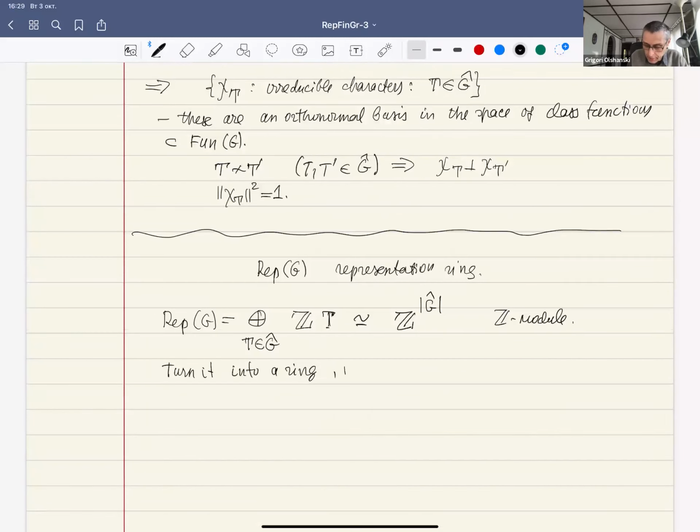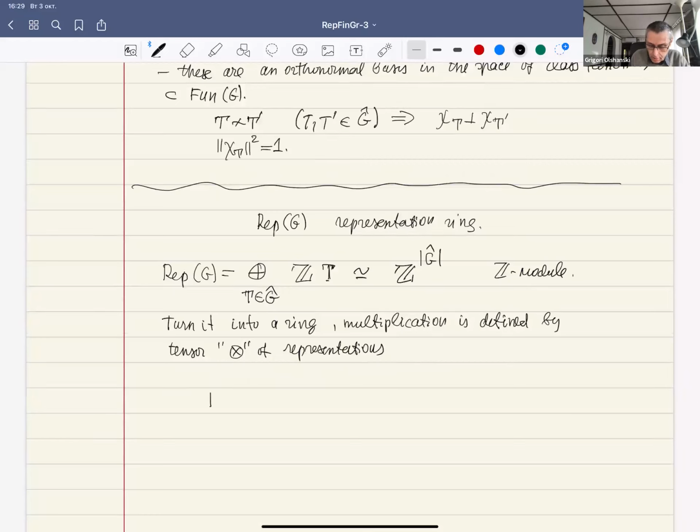So the multiplication is defined by tensor multiplication of representations. So we take, say, let's identify the irreducible representations with the basis element in this lattice. And we have a notion of a tensor product.